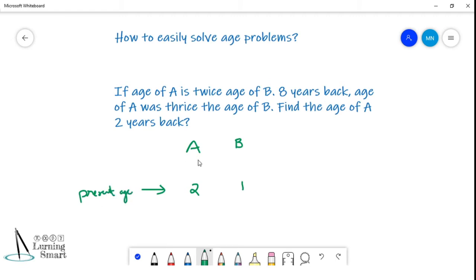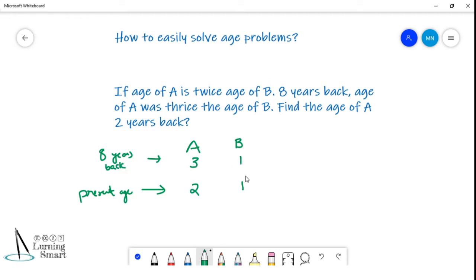And 8 years back, age of A was thrice the age of B. If the age of B was 1, age of A was 3. Thrice 1 multiplied by 3. This is 8 years back.